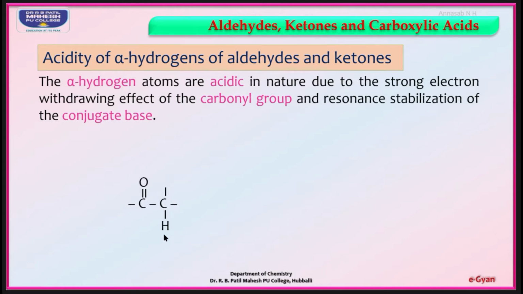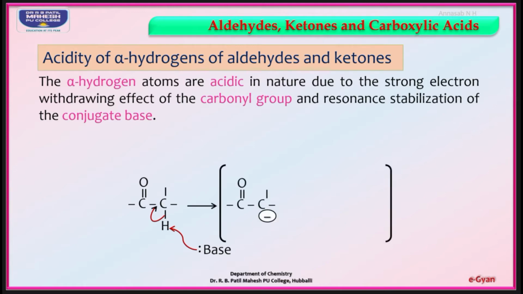Now one alpha hydrogen atom is attacked by a base. The base withdraws the hydrogen atom, and in turn the electrons are left on the alpha carbon atom. That leads to the formation of a conjugate base where a negative charge is present on the alpha carbon atom.